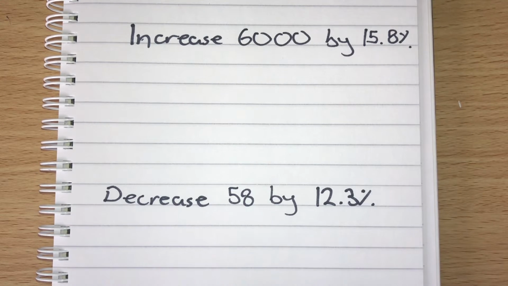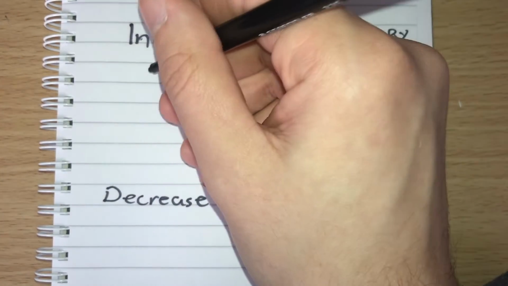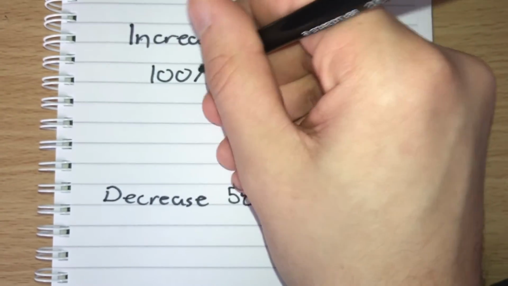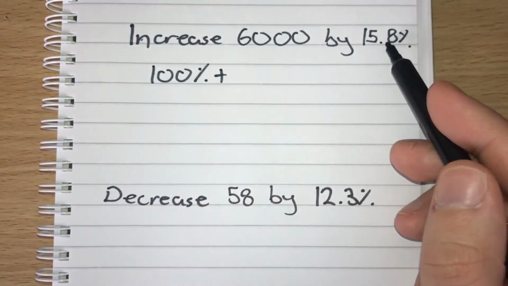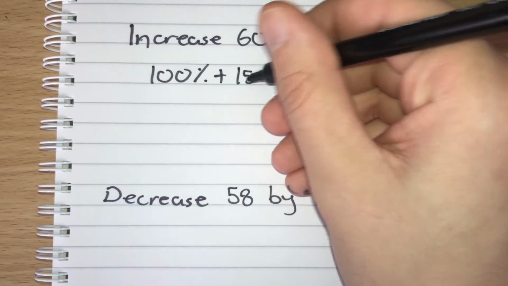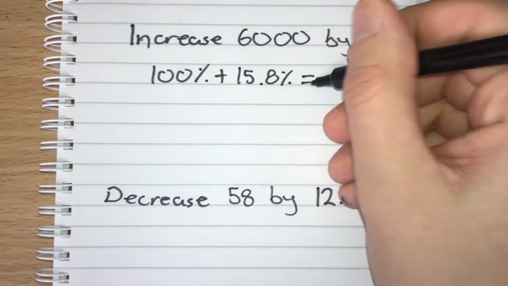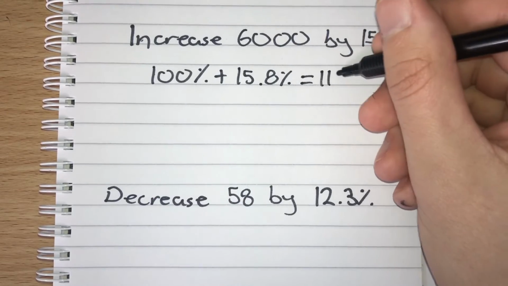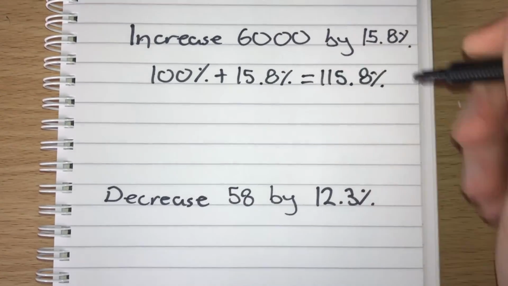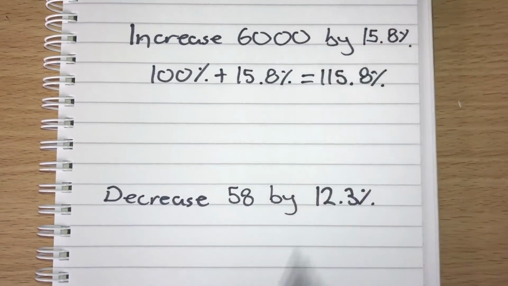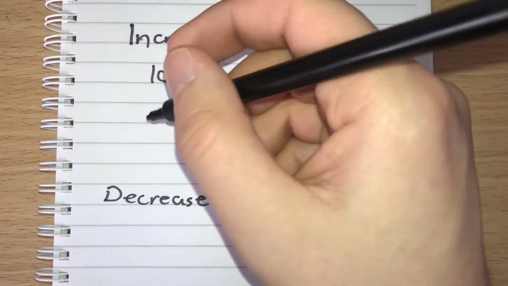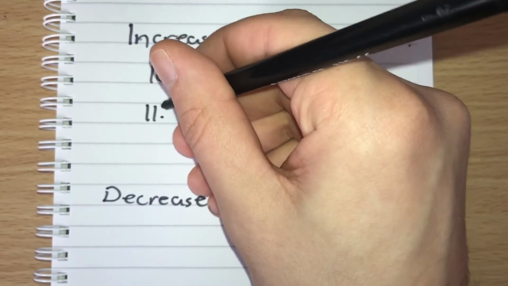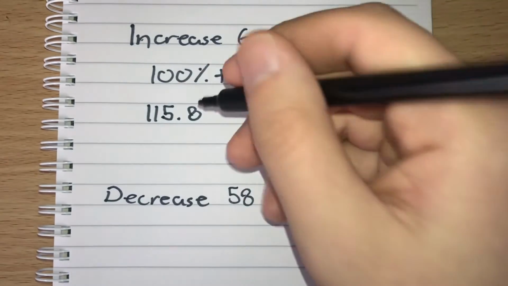Okay, so this first one, we want to think of this 6,000 as 100%. Now because we're increasing, we're adding on 15.8%. So in total, we're going to get 115.8%. That's what we're finding, 115.8% of 6,000. Now let's find our multiplier by dividing that 115.8 by 100.